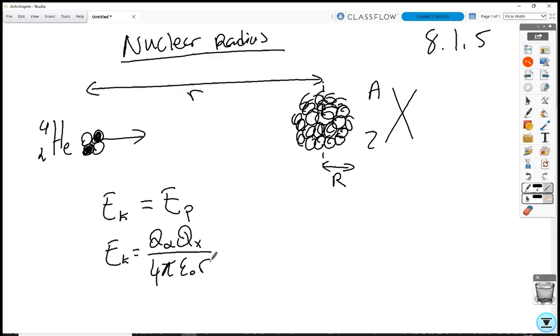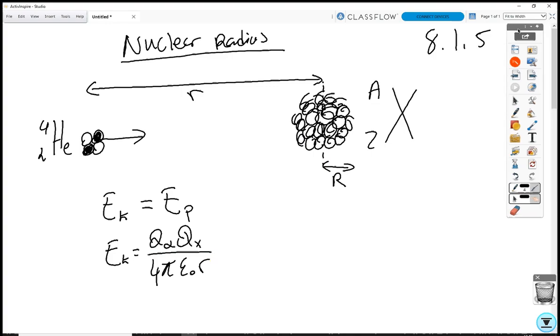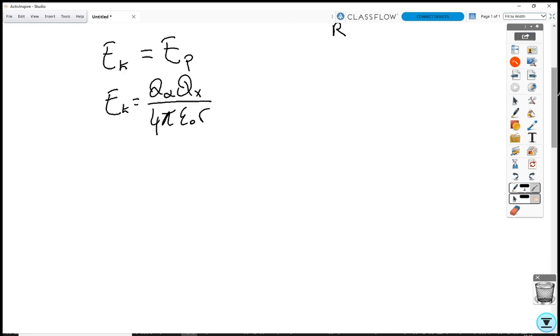Now, we make the assumption that the helium nucleus gets so incredibly close that it's pretty much touching the nucleus. And because the alpha is much, much smaller than the nucleus, the extra radius added on by the alpha particle is so small that it becomes almost negligible. Not quite, almost. So rearranging this, we've got R equals Q alpha times by Qx over 4 pi epsilon naught Ek.